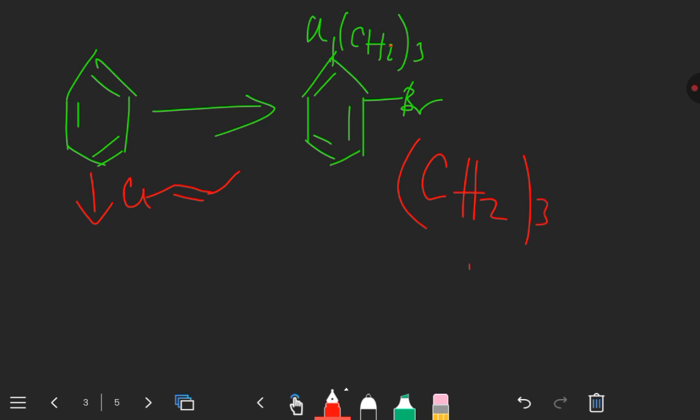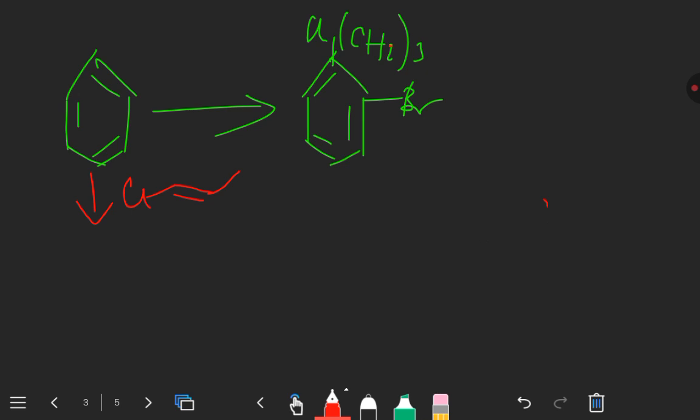So CH2 3, that is 3 carbons and 6 hydrogens. So it is simply the same group, which was just like this, because here there are 3 carbons, here 3 carbons, then with this I mean here 3 hydrogens with these 2 hydrogens, making them 6. Okay, so it's just 6 hydrogens then with 3 carbons.